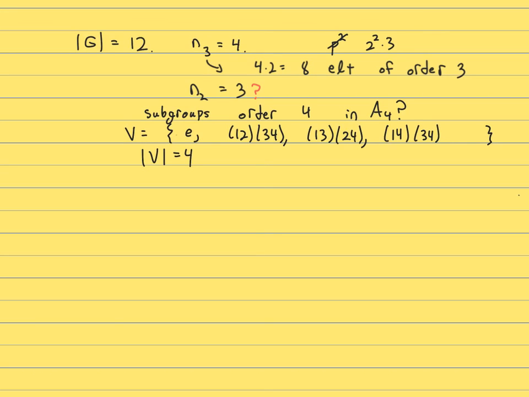And you now know it's the only subgroup of order 4 because any other subset would have to include an element of order 3. And so now we see N2 must be 1, and V is actually normal in A4. And so this is a very long argument, but at the end of the day, we actually did manage to find out that if G is of order p squared times q, then either the p subgroup was normal or the q subgroup was normal.